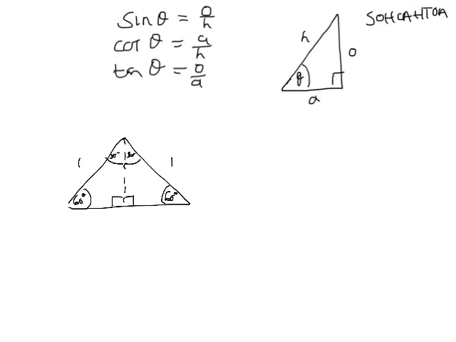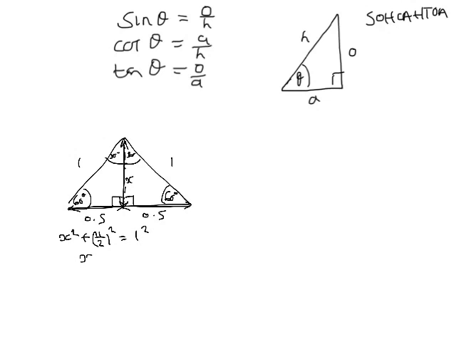So from this diagram, I know this length is equal to 0.5 and this length is equal to 0.5, and I can find this length here, let's call that x, by using Pythagoras' theorem. We can say that x squared plus 0.5 squared, or a half squared, is equal to 1 squared.